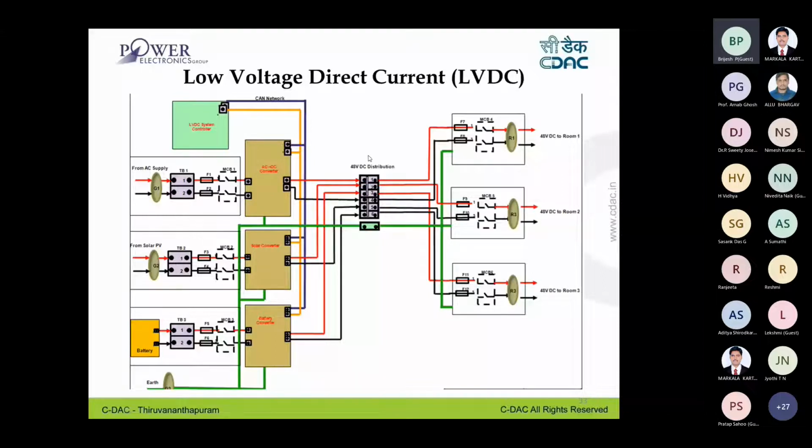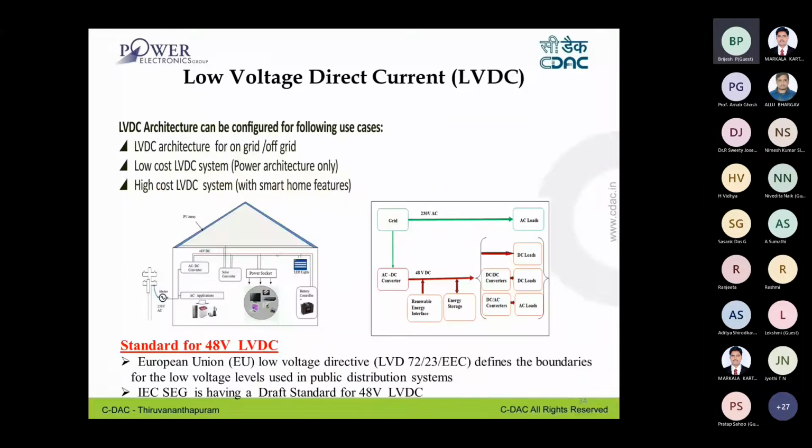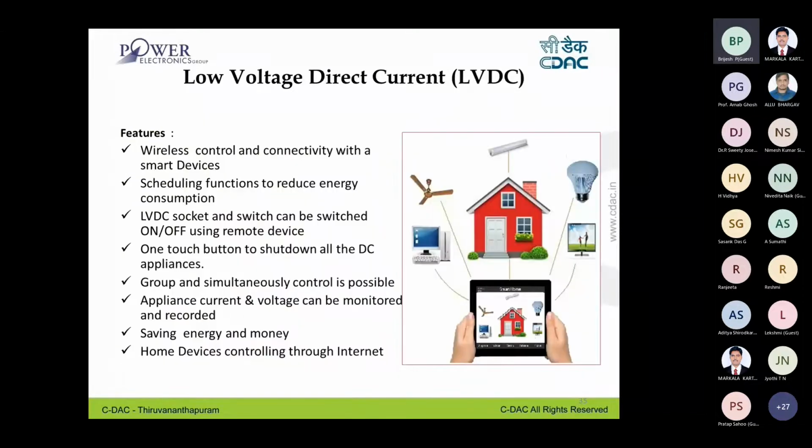So this is the basic architecture in the LVDC system. Even with all these, you can add wireless connectivity with Bluetooth or wireless Wi-Fi to the LVDC, and you can control your appliances like that.